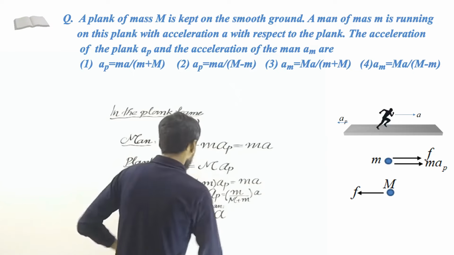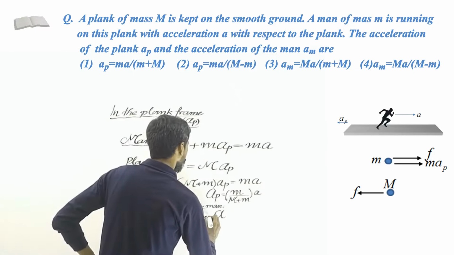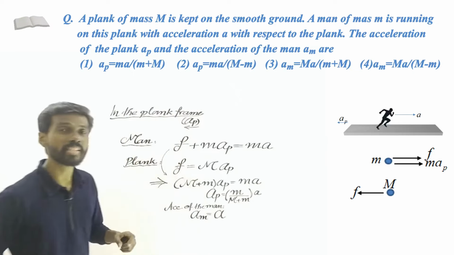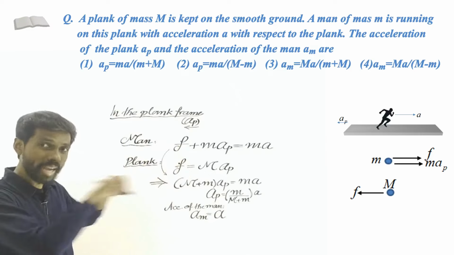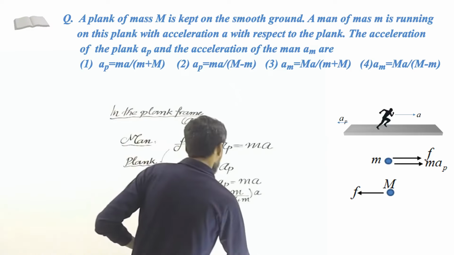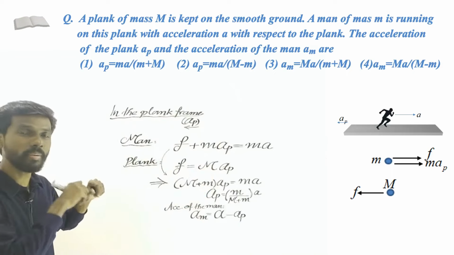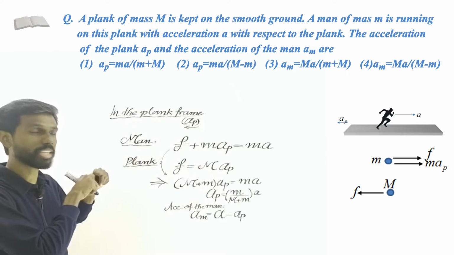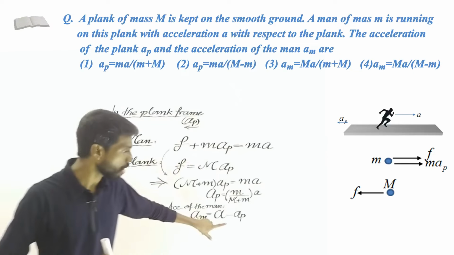So we can write the acceleration of the man as am, which equals the acceleration with respect to the plank minus the acceleration of the plank, because the plank is also moving in this direction, so that will drag the man along with it.